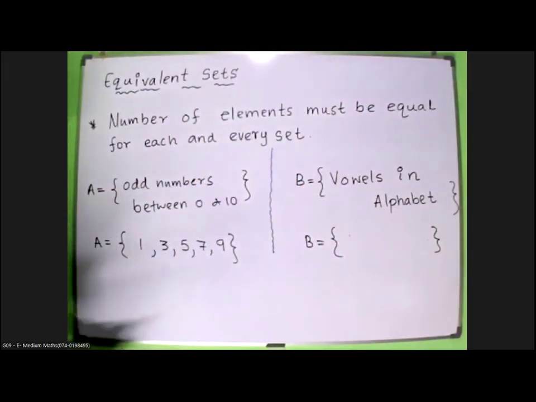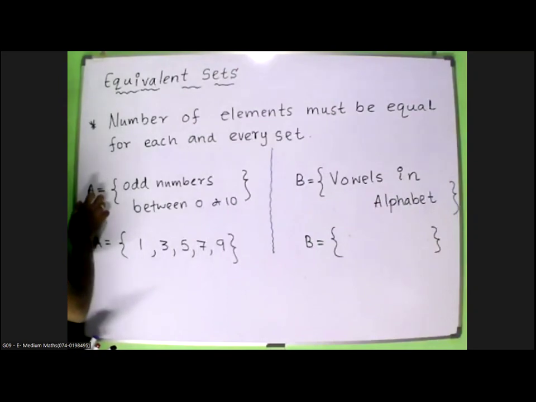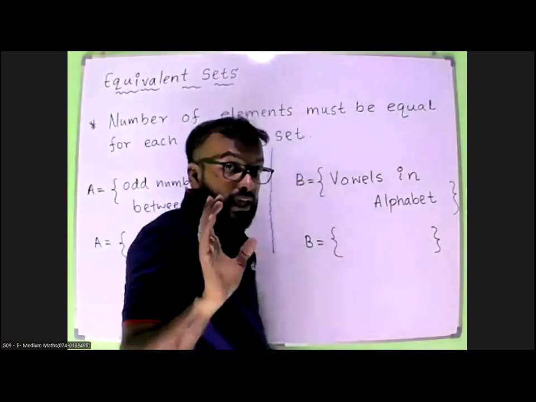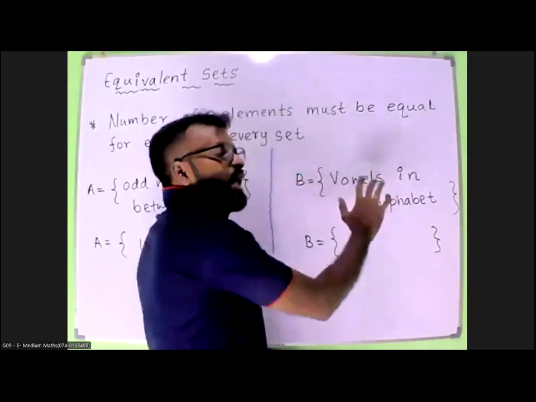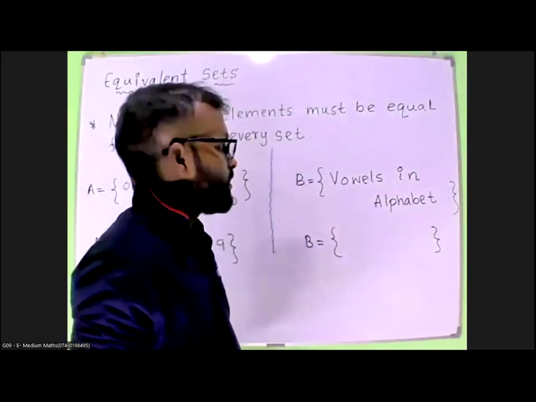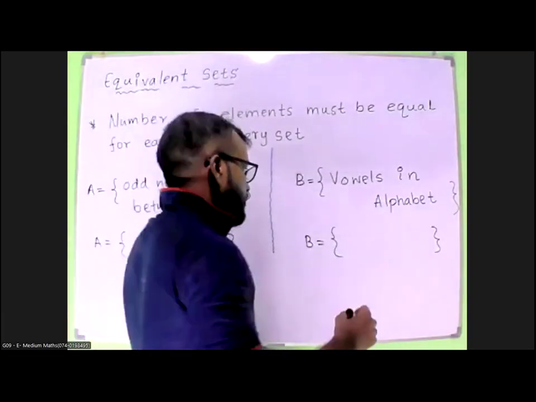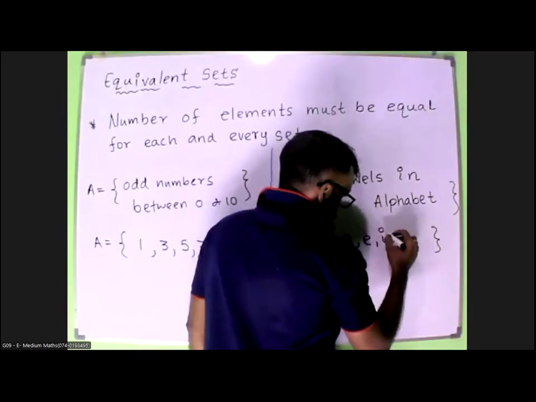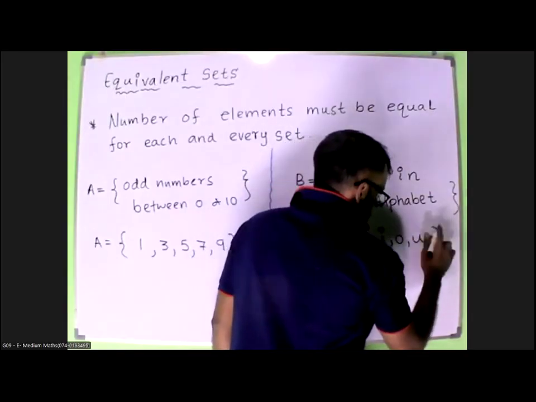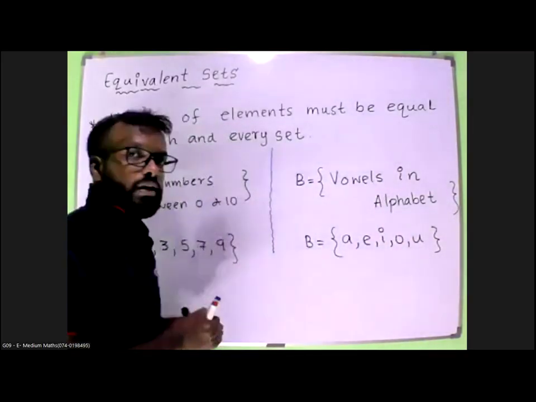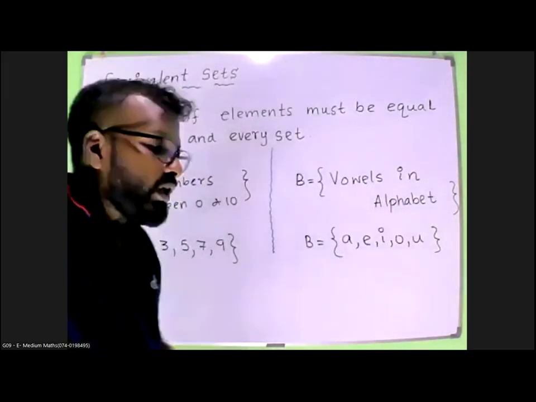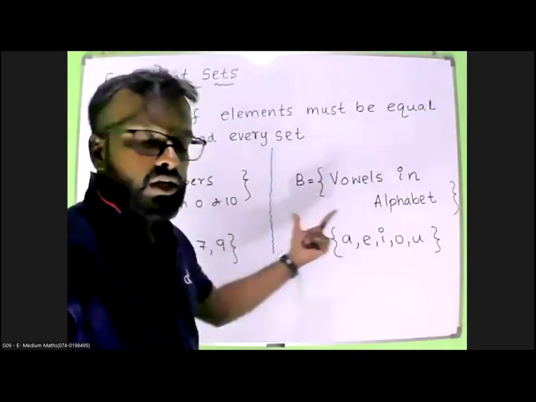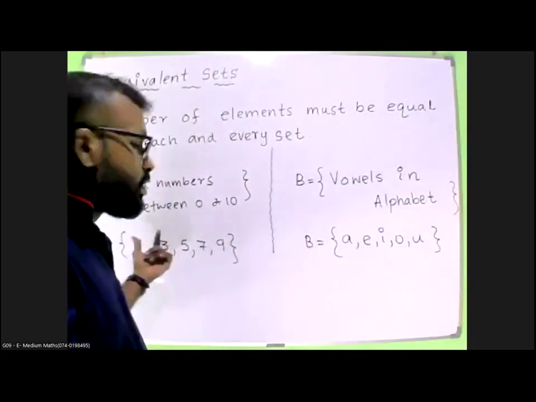Now look at it. Set A is odd numbers between 0 and 10. Set B is vowels in the alphabet. What are the vowels? A, E, I, O, U. Now, do we need to consider each and every element between the two sets?